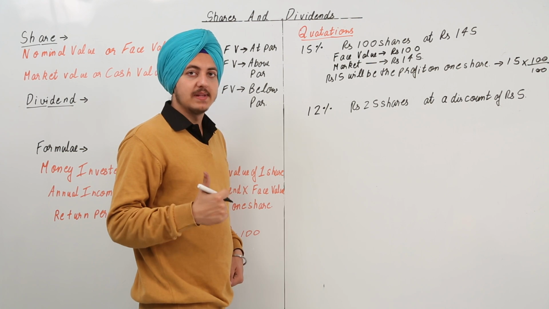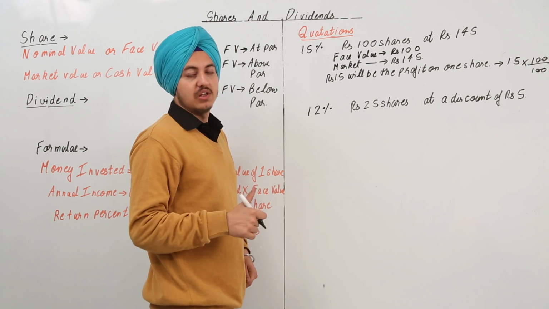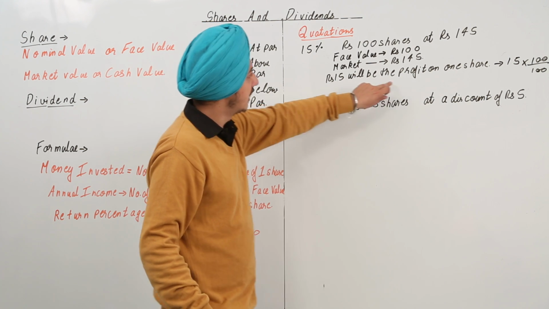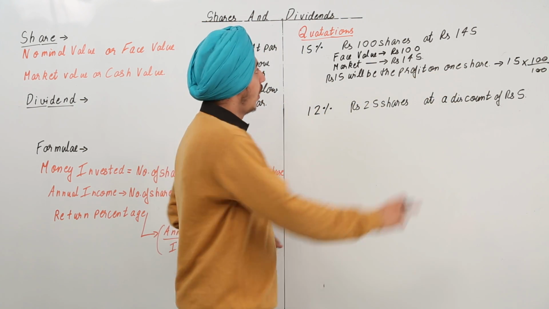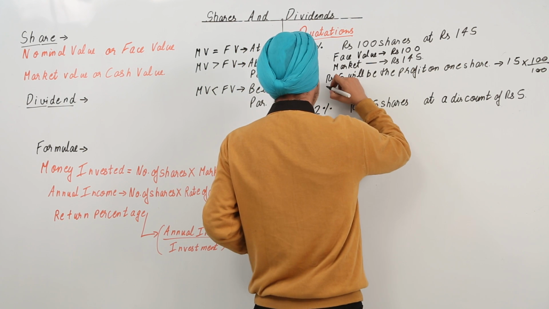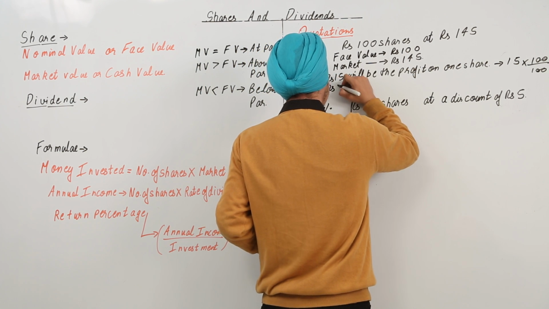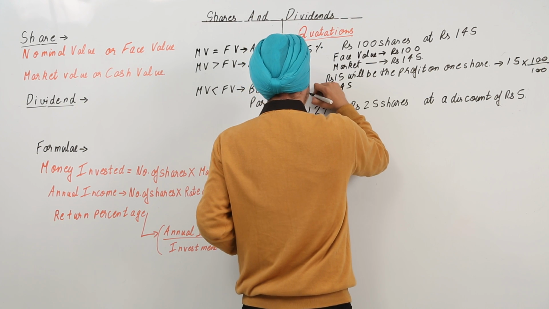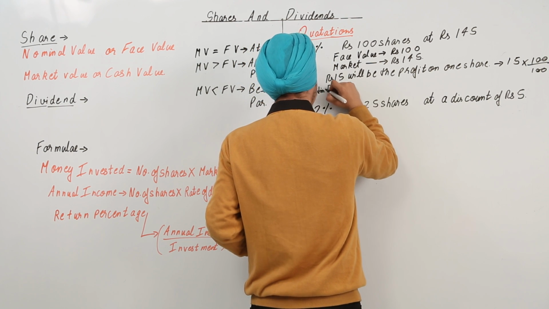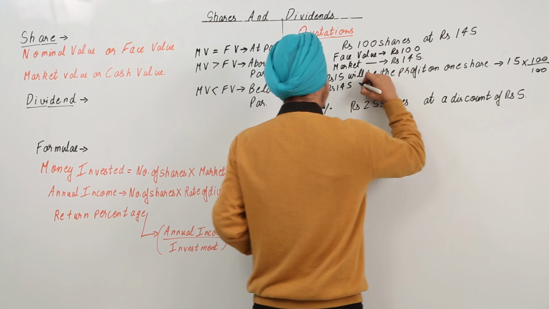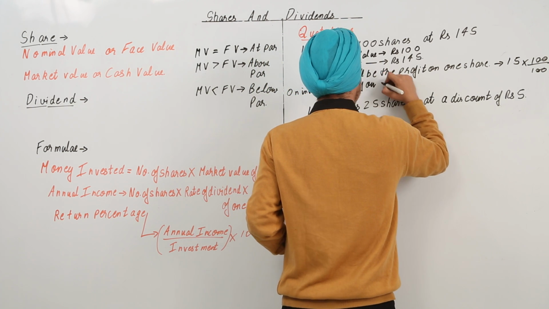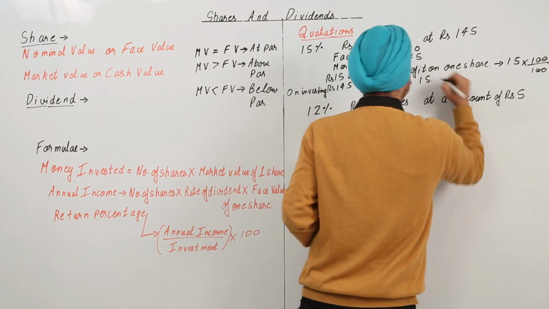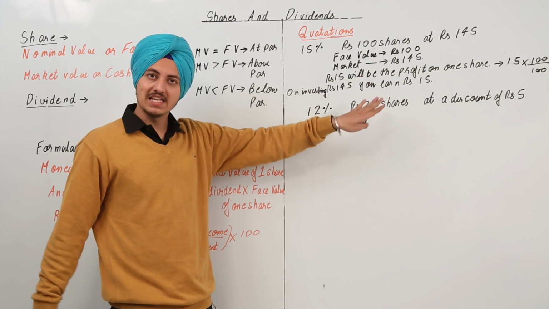What will be the profit percentage? First of all, you have to understand that rupees 15 is earned on one share on investing rupees 145. Do you understand this?